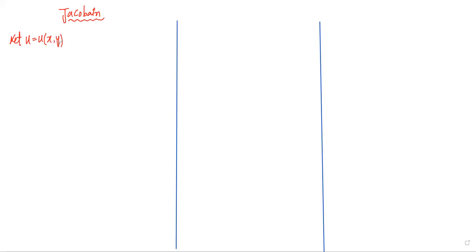u is equal to u of x comma y, and v is equal to v of x comma y.